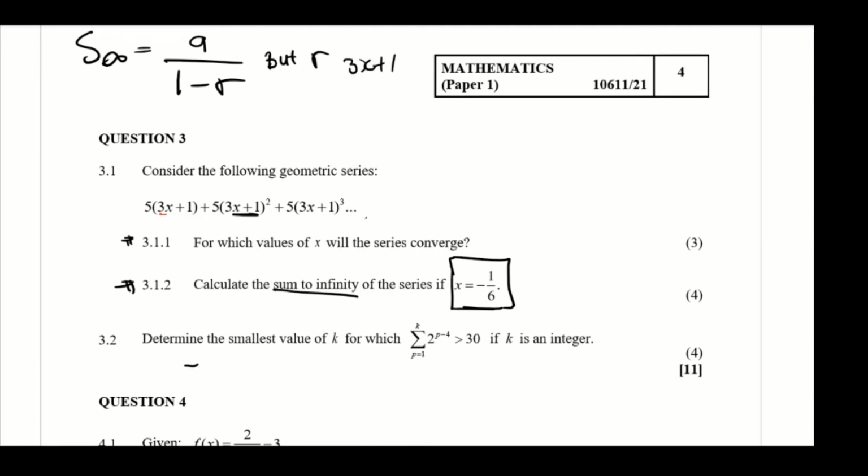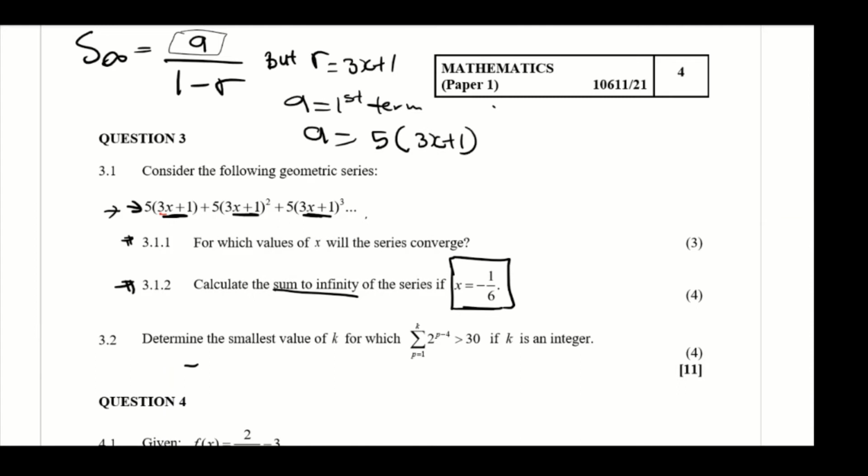So basically what's inside here is the common ratio. We calculated it, didn't assume it from the given series. So our r is equal to 3x + 1, and we need to find our a. So our a is the first term of the series. So a in this case is this one here, which is 5 into (3x + 1).